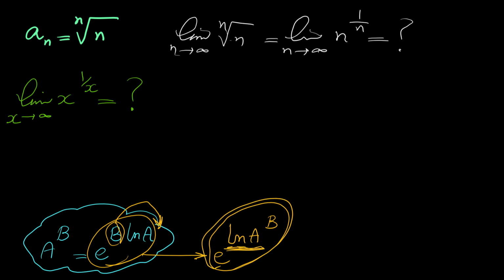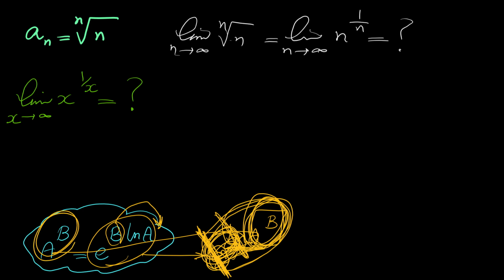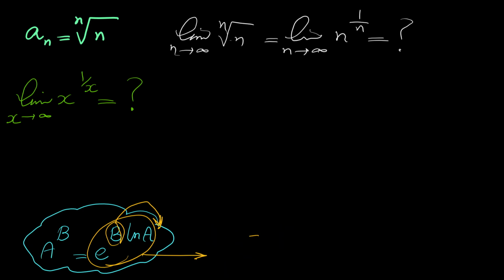We take ln of this, then we raise e to the power of it. We know that ln and the exponential function e to the power are inverses. So these two cancel each other and we are left with a to the b. So this is one way to prove that this is right.